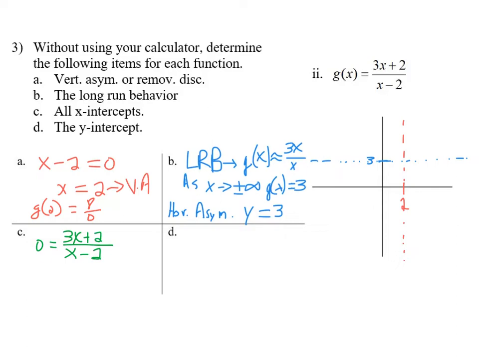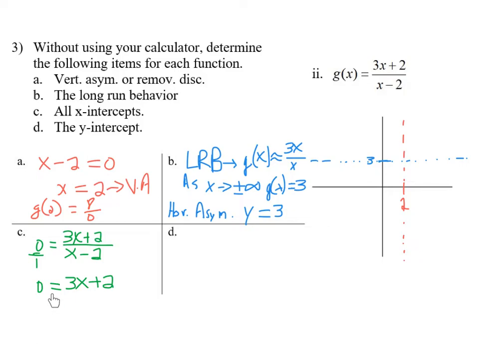So we're just going to end up with the numerator equal to 0. Another way to think about doing it is to set 0 over 1 equal to the expression and cross multiply. That'll leave you with 3x plus 2 times 1 equal to x minus 2 times 0. So you're just going to end up with the numerator, as I said, equal to 0.